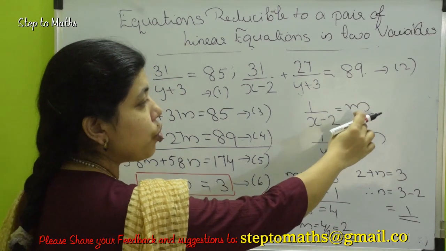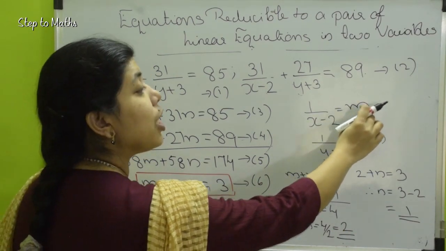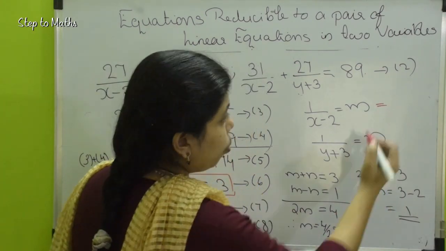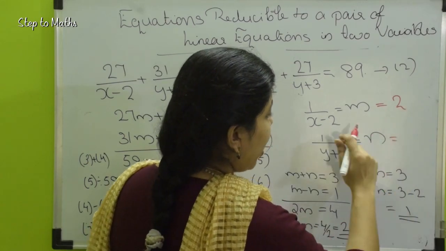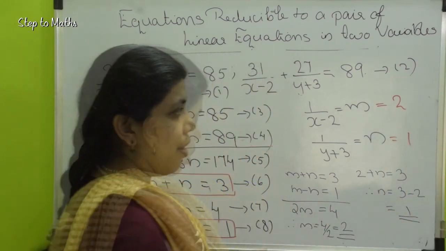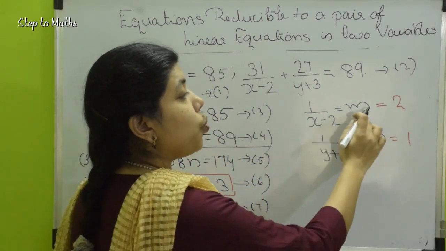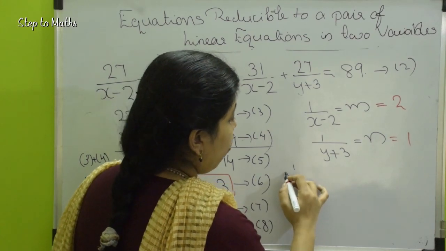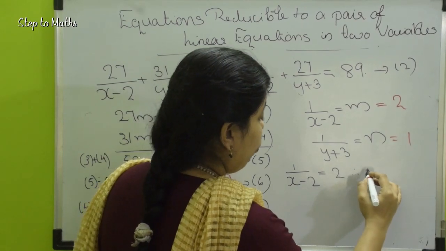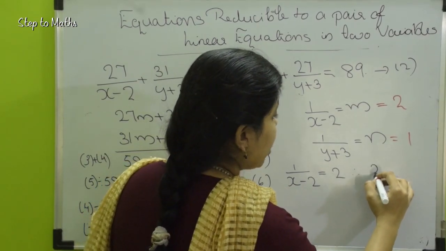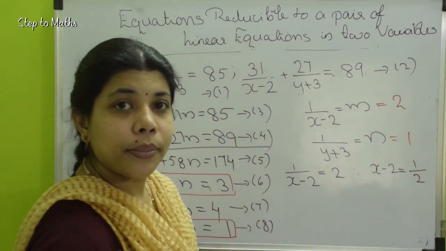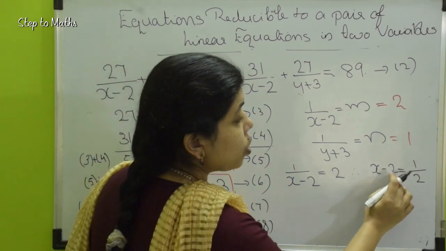But we made the substitution 1 upon x minus 2 is equal to m, so this is equal to 2, and 1 upon y plus 3 is equal to n, n is equal to 1. 1 upon x minus 2 is equal to 2. Therefore, x minus 2 is equal to 1 upon 2.